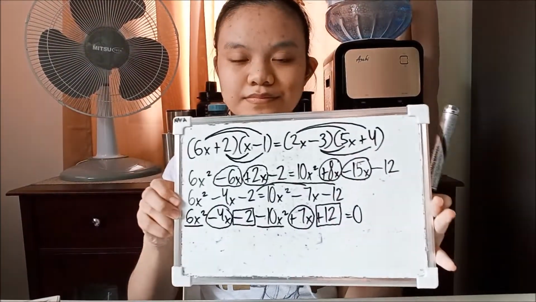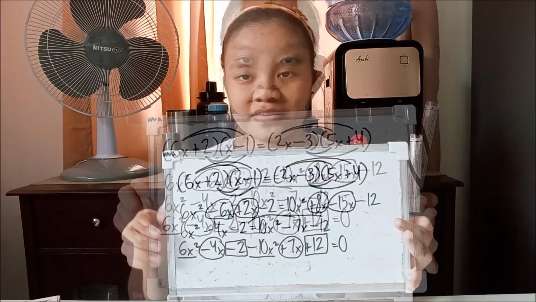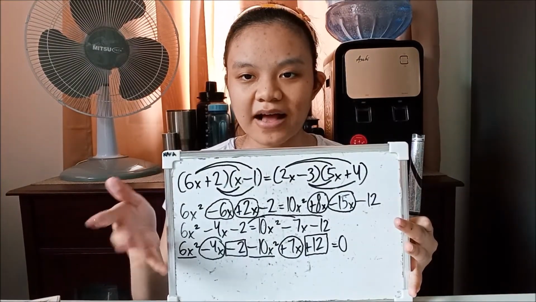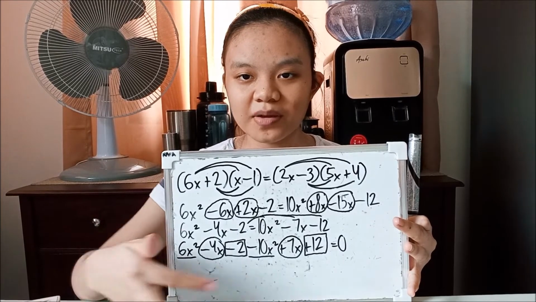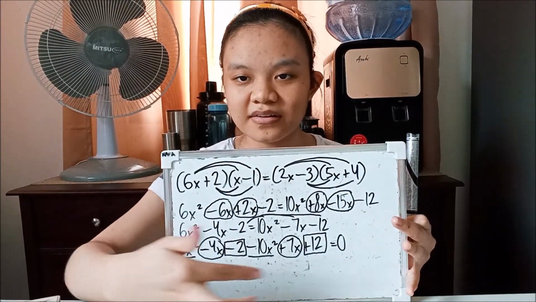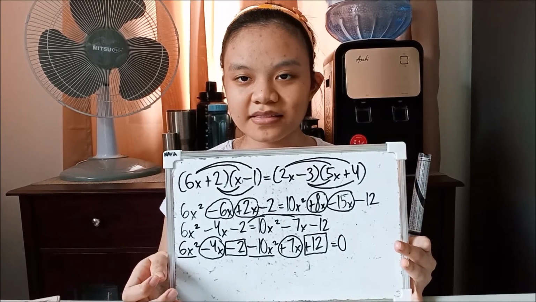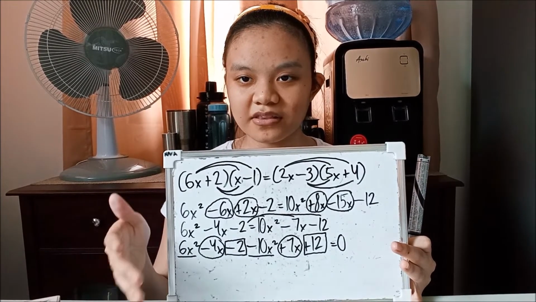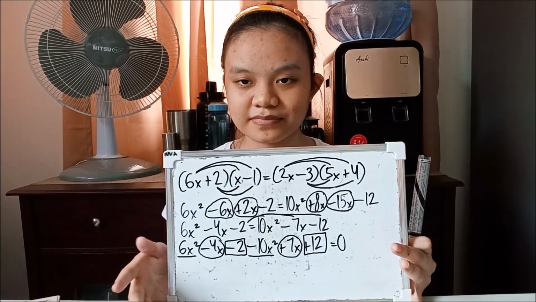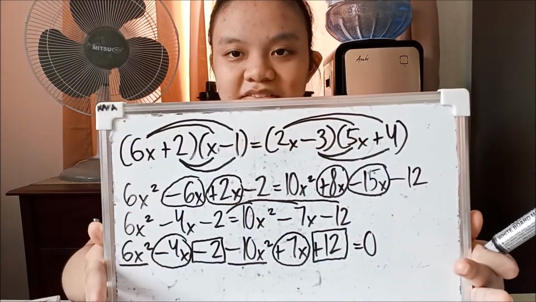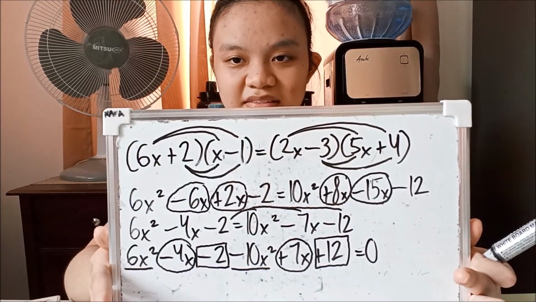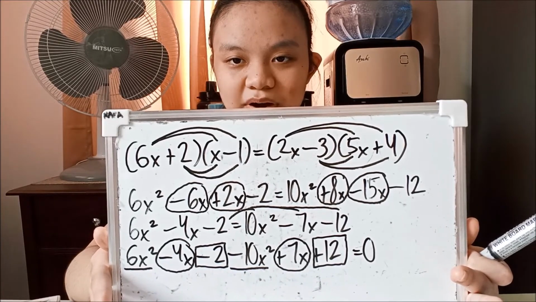Since all numbers here have like terms, we're gonna have to solve the x squared first, then the ones with variable x, then the whole numbers themselves. 6x squared plus negative 10x squared is equal to negative 4x squared.